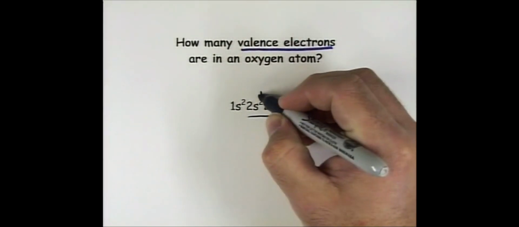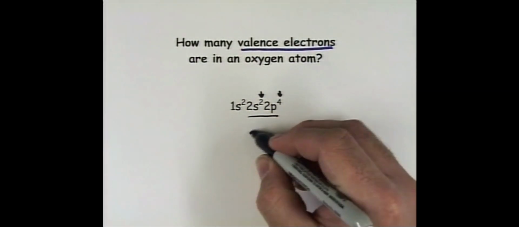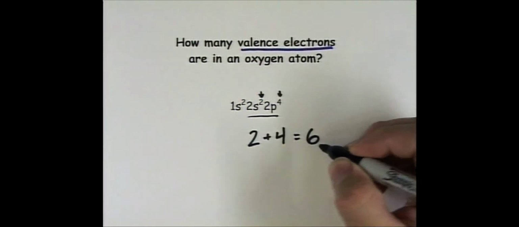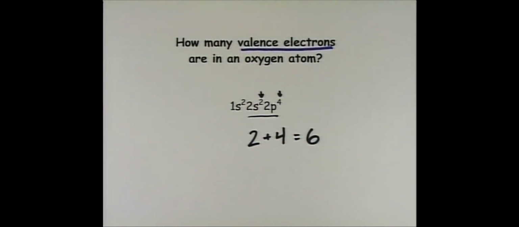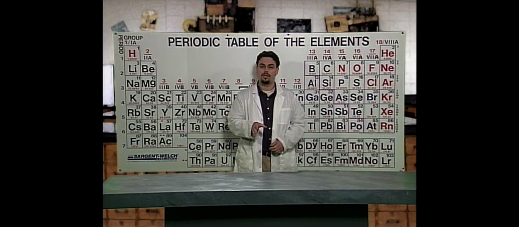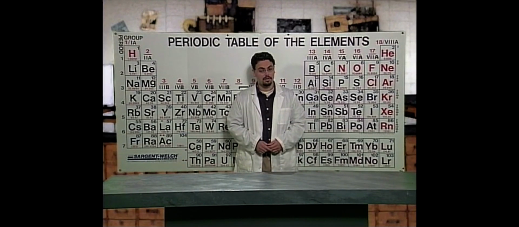So oxygen has 2 plus 4, or 6, valence electrons. Valence electrons are the electrons that are involved in chemical bonding. In an ionic bond, these are the electrons that are transferred. And in a covalent bond, these are the electrons that are shared.